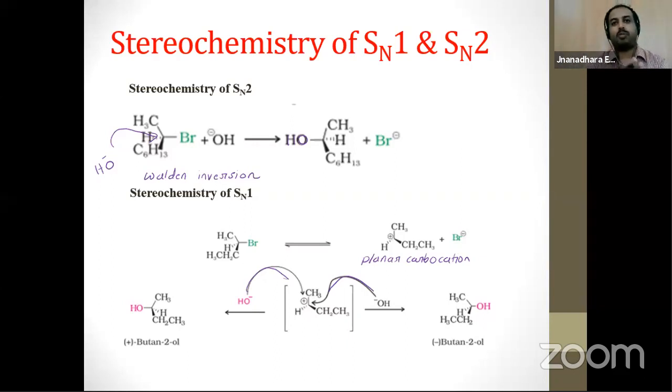If it approaches below the plane, you get the other enantiomer. Since there is a 50-50 chance of either approach, you get a racemic mixture, enantiomer dextro as well as levo. So the stereochemical consequence of SN1 mechanism is racemic mixture. SN2 mechanism, it is Walden inversion. SN1 mechanism, it is racemic mixture.